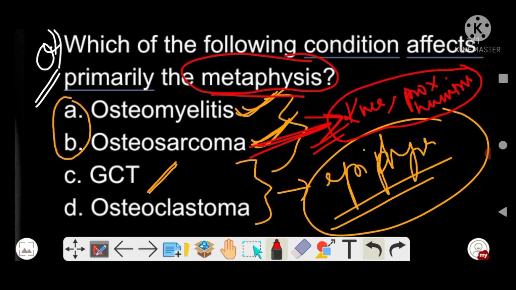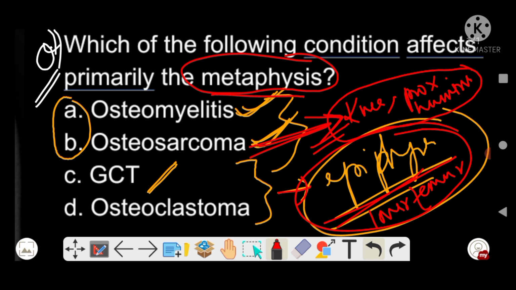I think this is clear for you. Talking about giant cell tumor or osteoclastoma, as I mentioned, this is more common in the epiphysis region. The most common bone affected is the lower end of femur, lower femur, and the upper end of tibia.